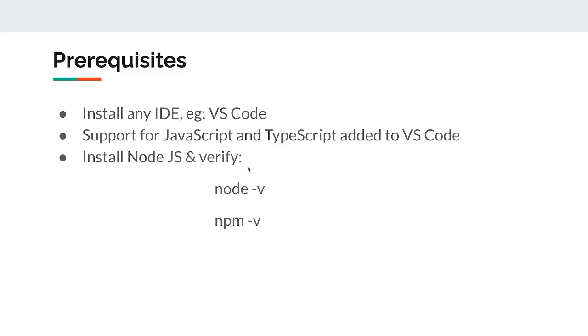These prerequisites are very simple, and I'm not going through all of them because I have a separate whole end-to-end project based on Cypress, where I have shown how to install all of this, like VS Code, JavaScript, and Node.js, both on Windows and Mac.